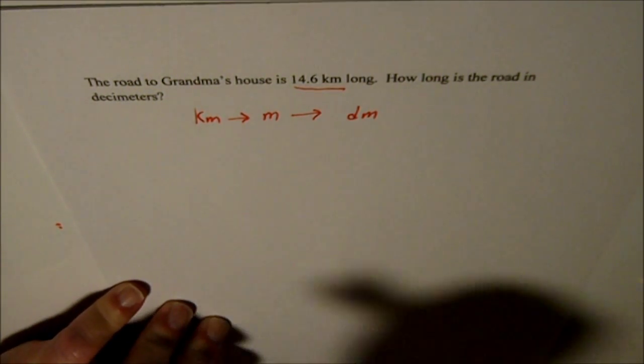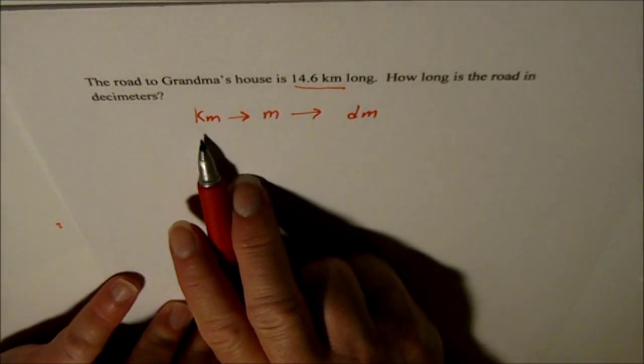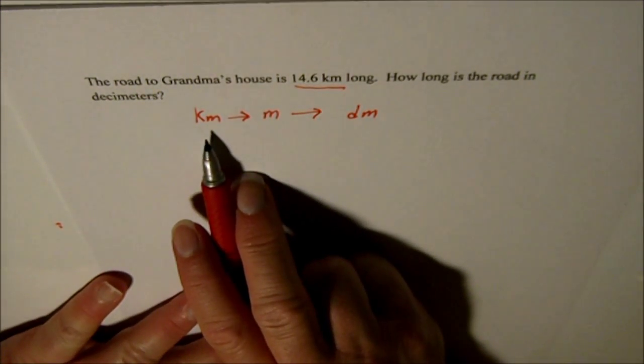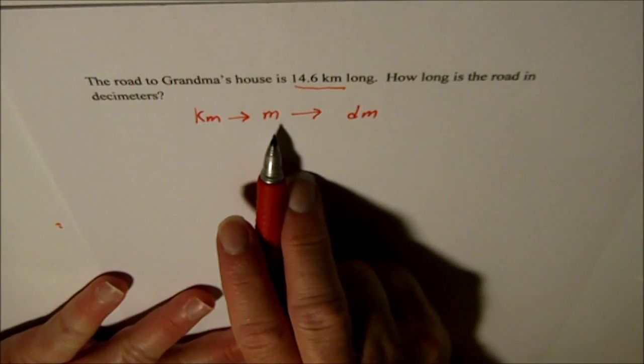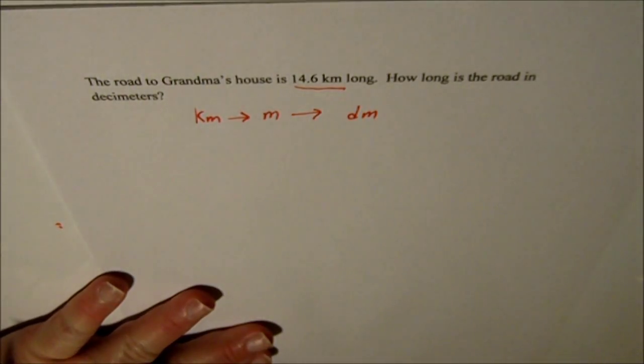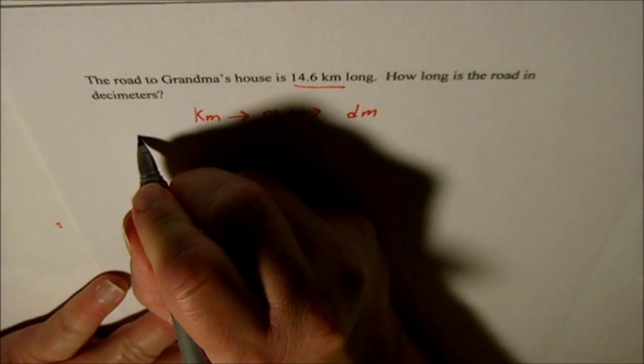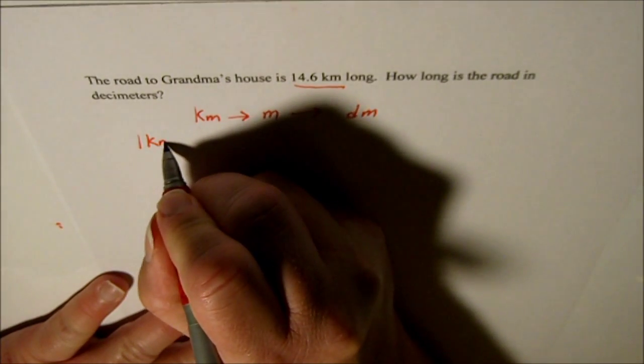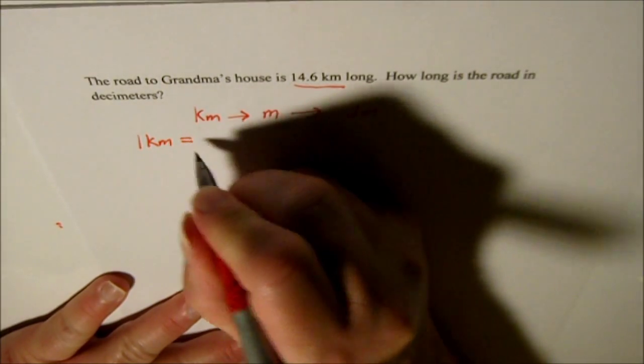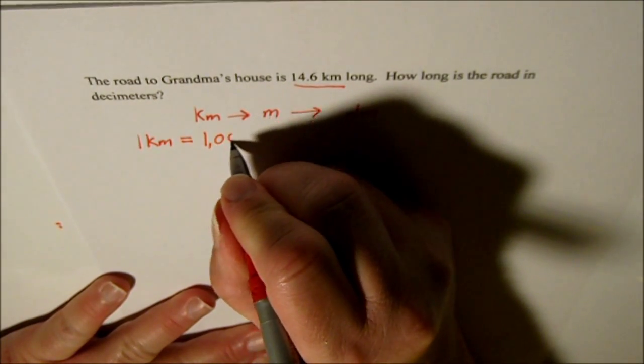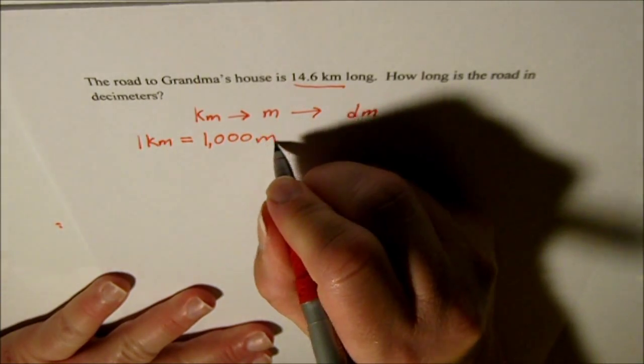All right? So we need to know the conversion between kilometers and meters. Remember that 1 kilometer is equal to 1,000 meters.